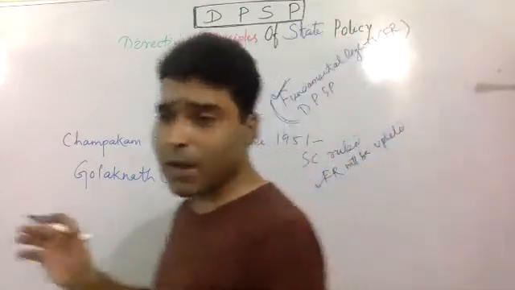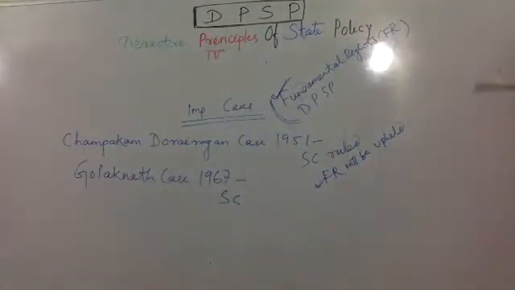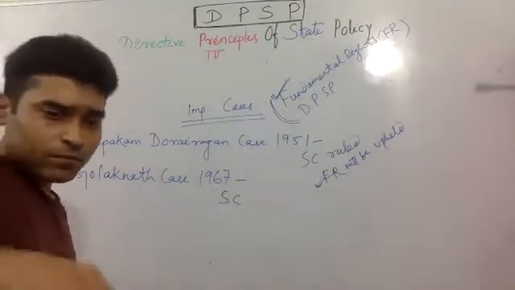Are you getting my point? Let me clear this up, it is very, very important. In the Golaknath case, the Supreme Court ruled that Parliament cannot take away or abridge any fundamental rights.